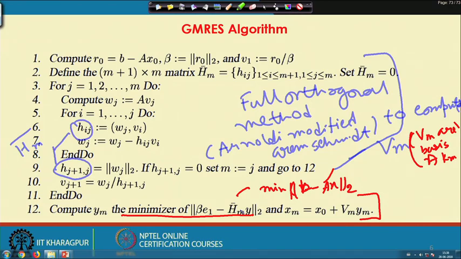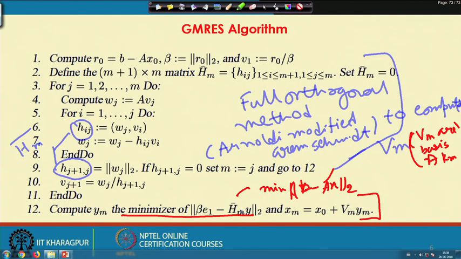So, the algorithm has a couple of parts. The first part is to find Vm, same as the full orthogonalization method. In that part you also compute h bar m, the Heisenberg matrix, and once you have the Heisenberg matrix, you find the minimizer of beta E1 minus h bar m y, and go ahead with that ym, which is the minimizer, multiply this with Vm, and add x0.